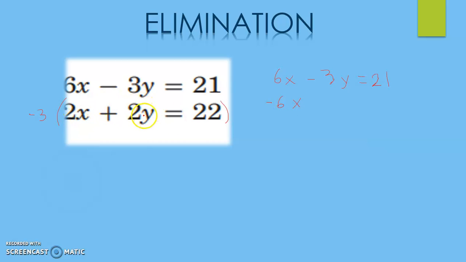And negative 3 times 2y will give us a negative 6y. And negative 3 times 22 will give us a negative 66.